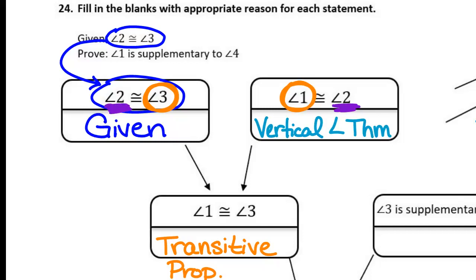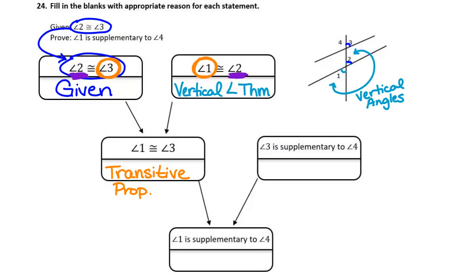The transitive property means I have three things, and they're all the same size as each other. So here, angle 3 is the same as angle 2, and over here, angle 1 is the same as angle 2. So I'm going to take the one that is repeated, angle 2, out and put the other two pieces congruent to each other. So we take the middleman out there. All right, so there's my transitive property.